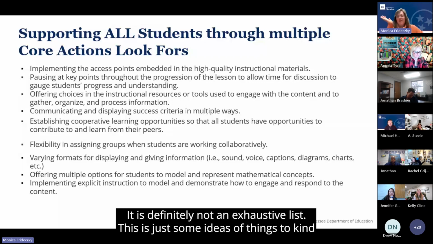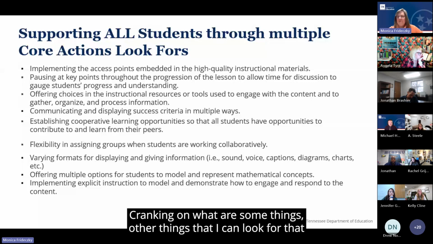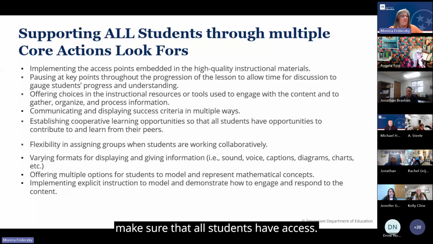It is definitely not an exhaustive list. This is just some ideas to get the ball rolling, get your brain cranking on what other things I can look for that make sure that all students have access.